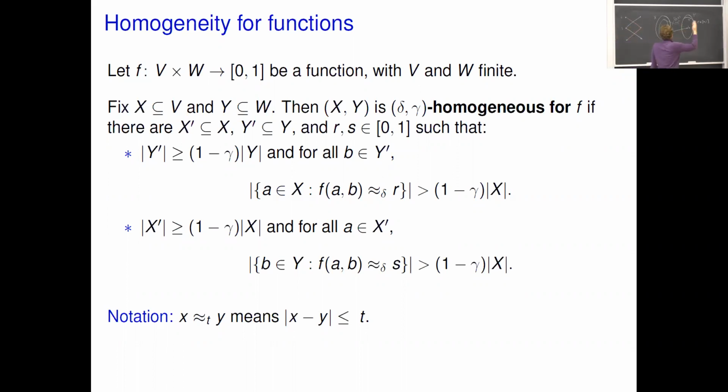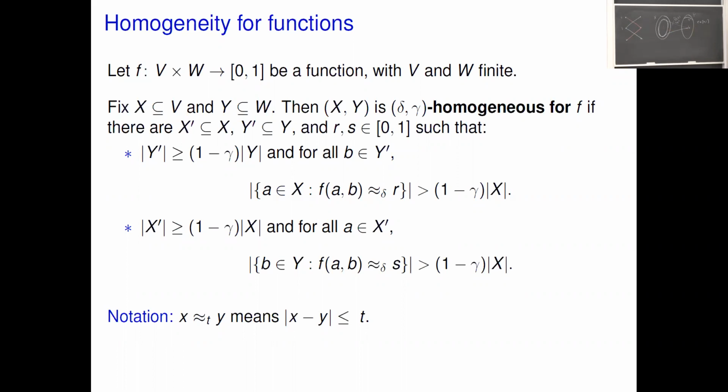So I've got a fixed R, a fixed delta. I take this slightly smaller set Y prime, fix a point B in Y prime, and look at all the things over here whose value under the function is very close to R, where very close is measured by delta. And the conclusion is that this set is also almost all of X. It's at least a 1 minus gamma proportion of X.